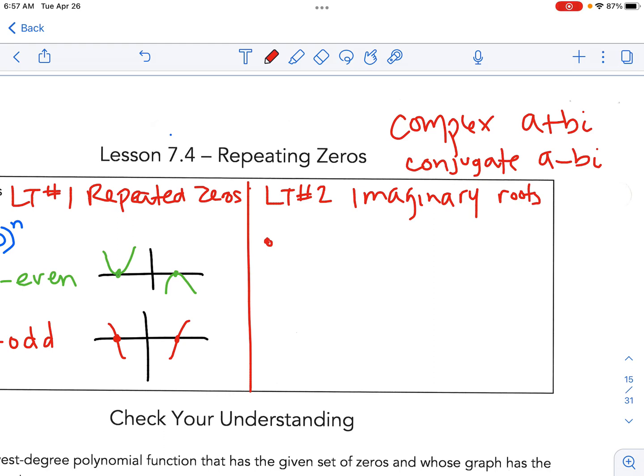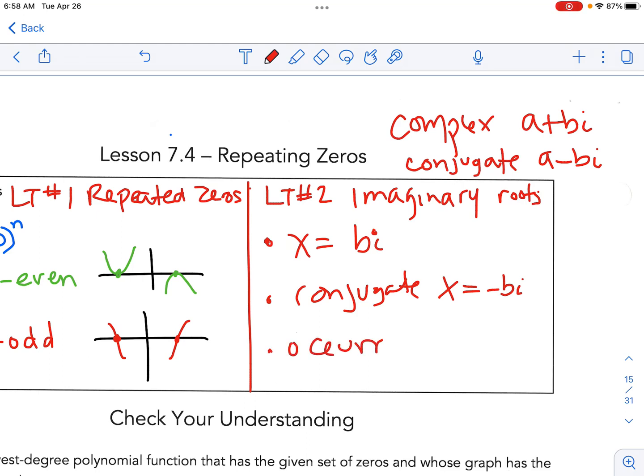So our imaginary roots would be like x equals bi. That would be an imaginary root. And its conjugate then, x equals minus bi. And those always occur in pairs. So these always occur in pairs.